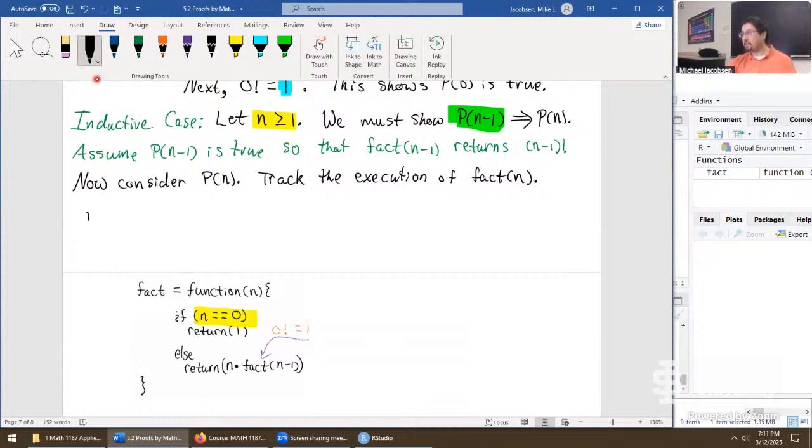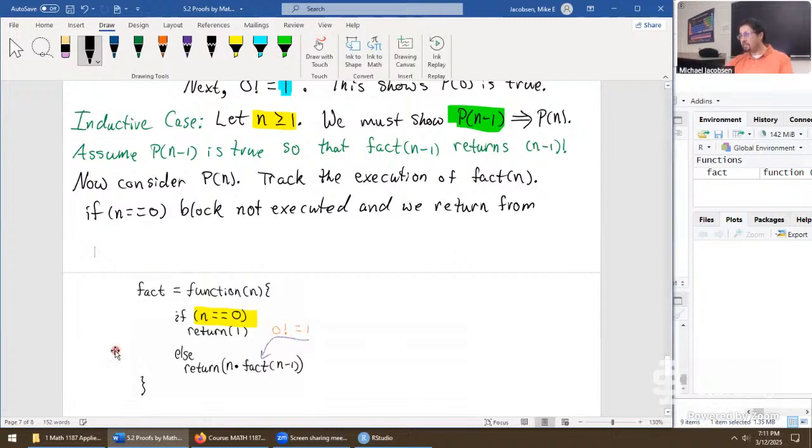So we can say here, if n is identically equal to 0, block not executed, and we return from the else block. This is the only other thing that can be returned. We return from the else block n times factorial(n-1).